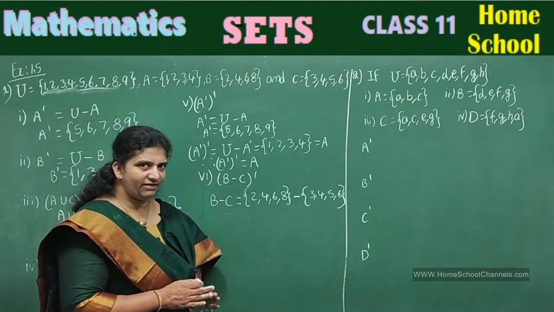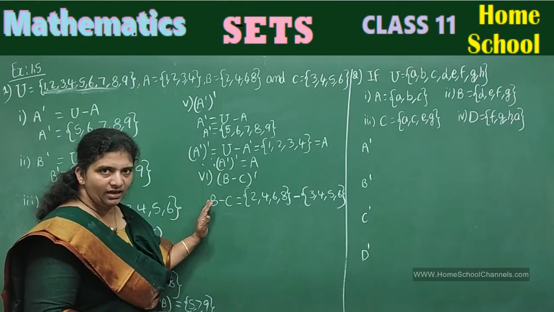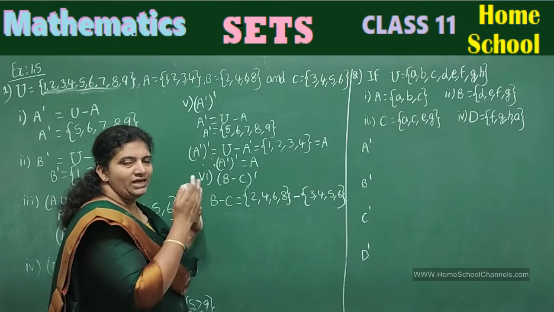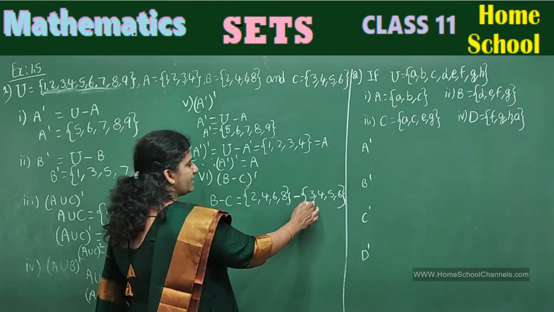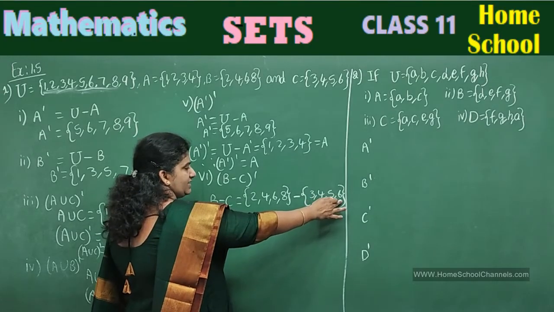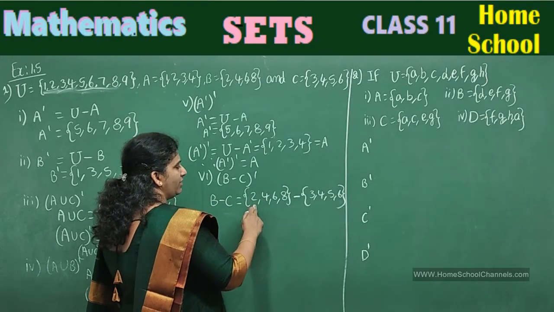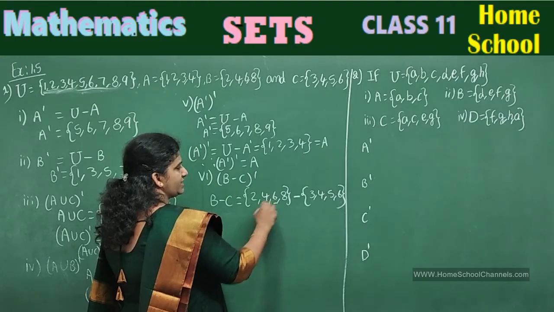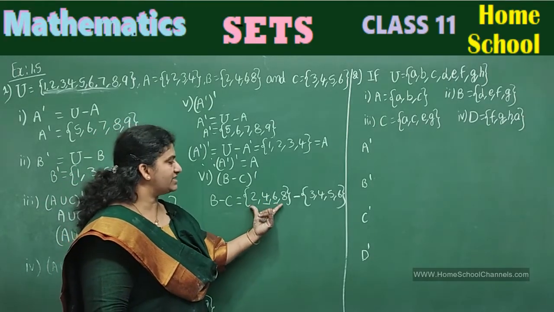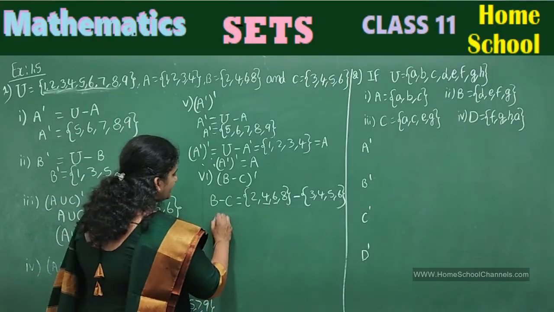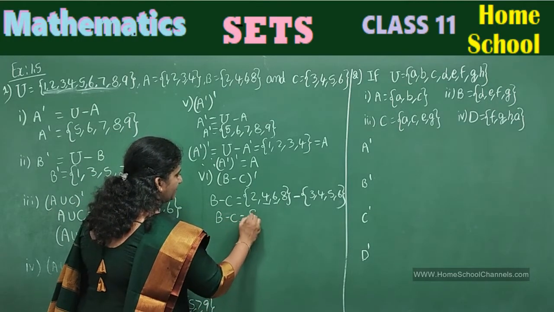Try to understand carefully. In B set, remove the C set elements. What are the C set elements? 3, 4, 5, 6. Do you have any element in this? Yes, 4, 6. Other than these two elements, write the remaining elements from this set. That is B minus C.